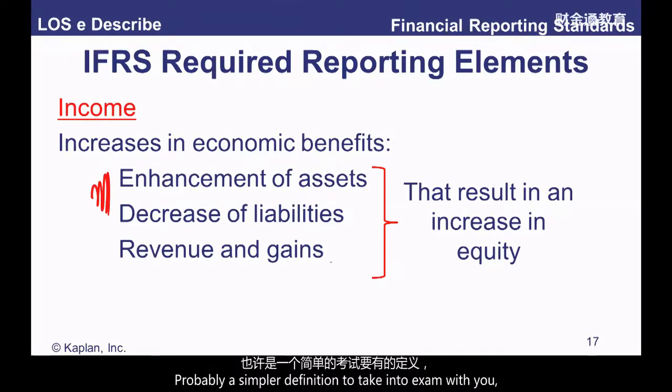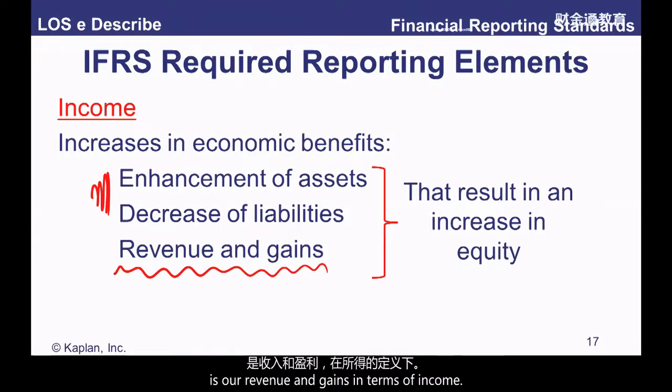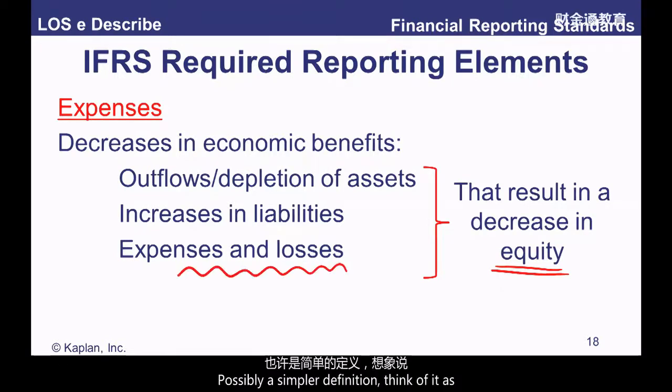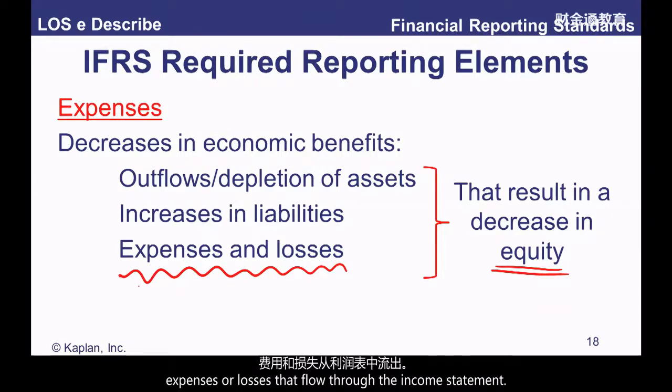I think probably a simpler definition to take into the exam with you is that it's our revenues and our gains in terms of our income. Expenses, well, these are going to be the opposite. So these are going to be, if you like, decreases in assets or increases in liabilities that again affect our equity. Again, possibly a simpler definition: think of it as being our expenses and our losses that flow through the income statement.